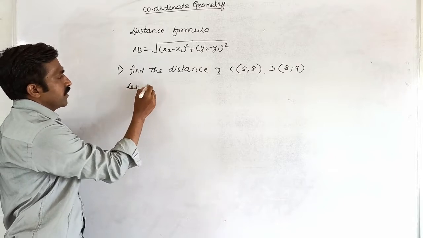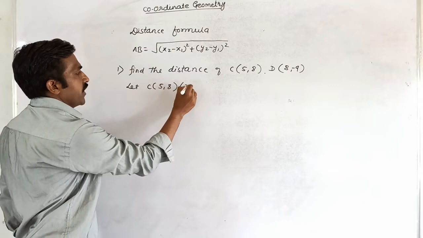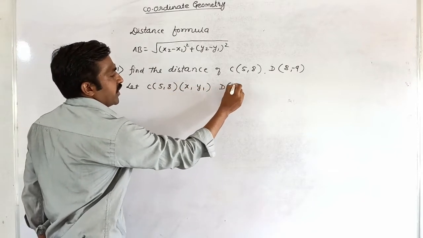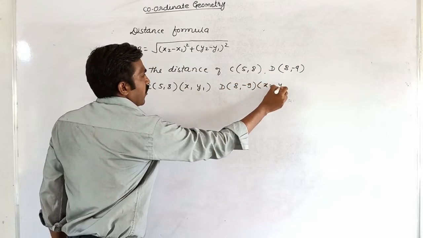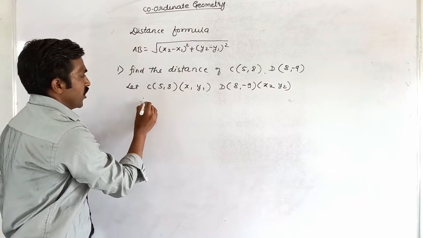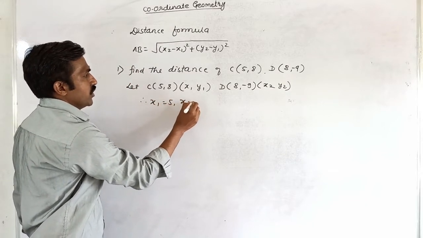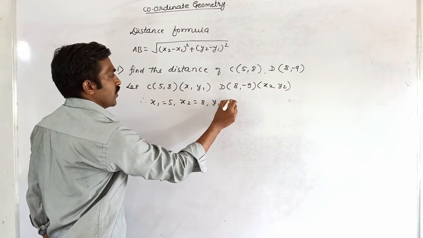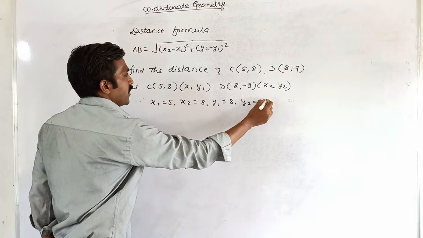Let 5, 8 be the coordinate x1 and y1 and point D its coordinate x2 and y2. So therefore x1 is equal to 5, x2 is equal to 8, y1 is equal to 8 and y2 is equal to minus 9.